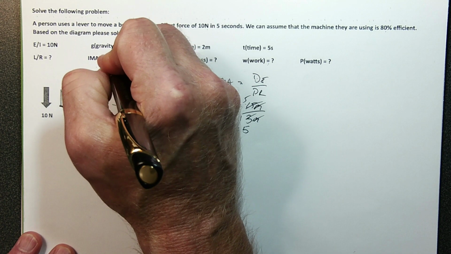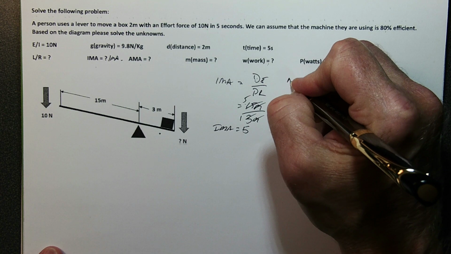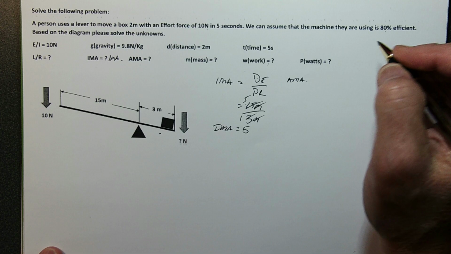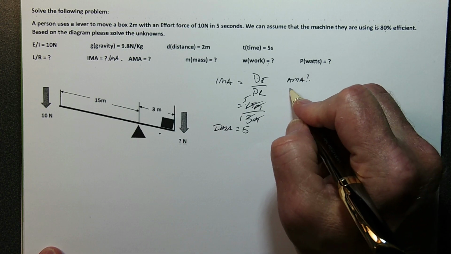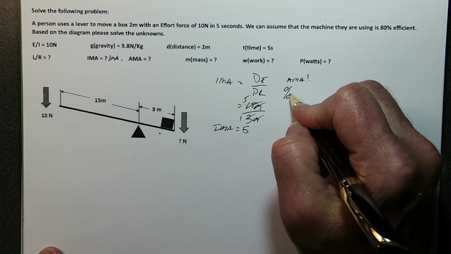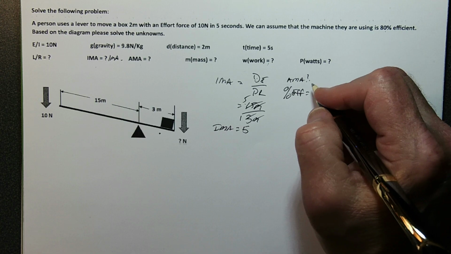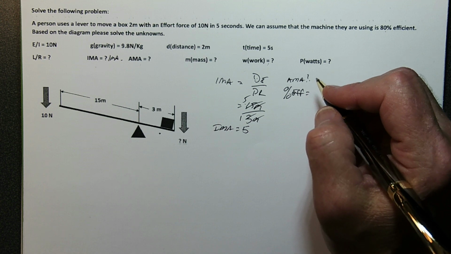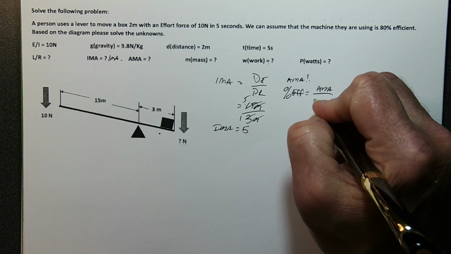AMA is an unknown, but we do know the percent efficient. So if we use our formula, percent efficient is equal to AMA divided by IMA times 100, and plug in our values.